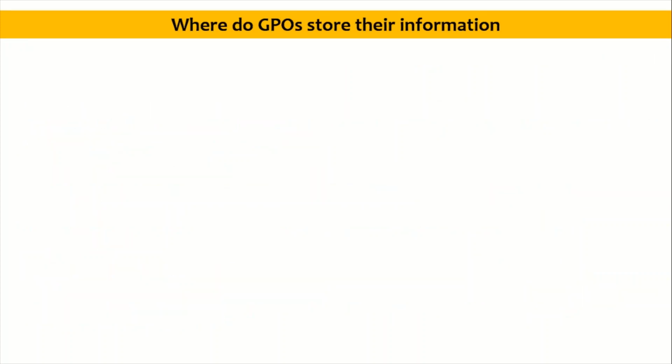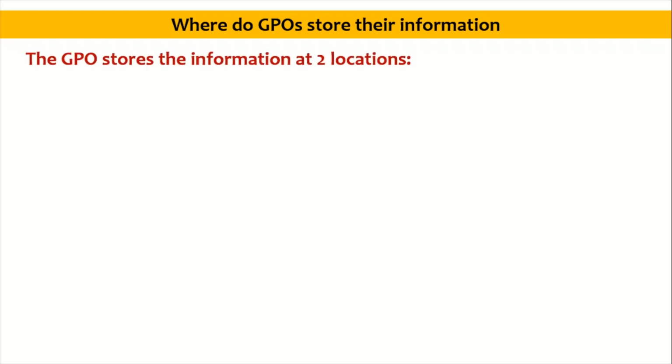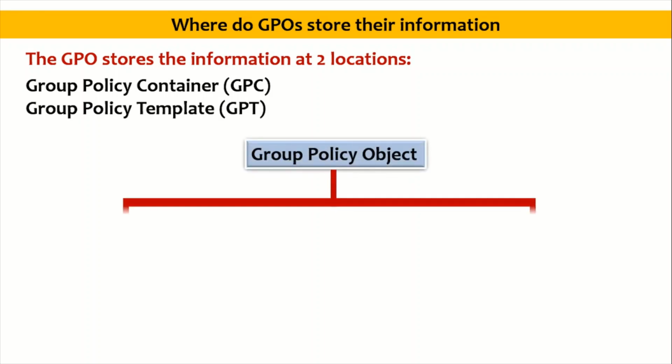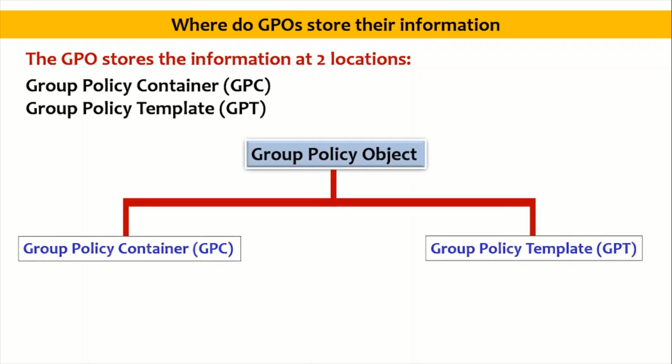So where do group policies store their information? There are two locations wherein a group policy stores the information. The first place is group policy container or GPC, and another location is group policy template or GPT. Let us understand what is a group policy container and what is group policy template.